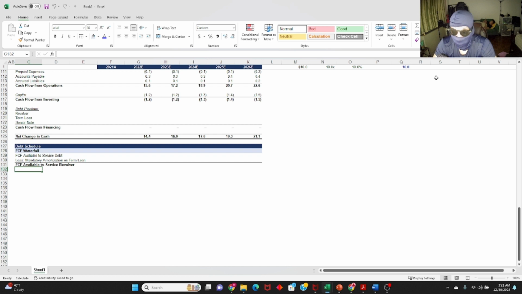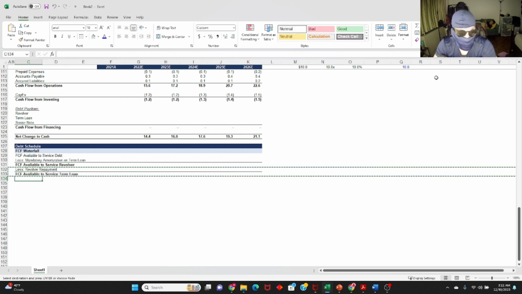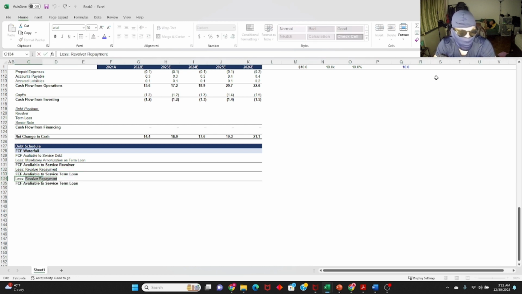So now, after this is your cash, you're going to less your revolver repayment, and then you're going to have your free cash flow available to service term loan. Oops. Super late right now. I'm actually very tired, but it's okay. Optional prepayment for term loan.